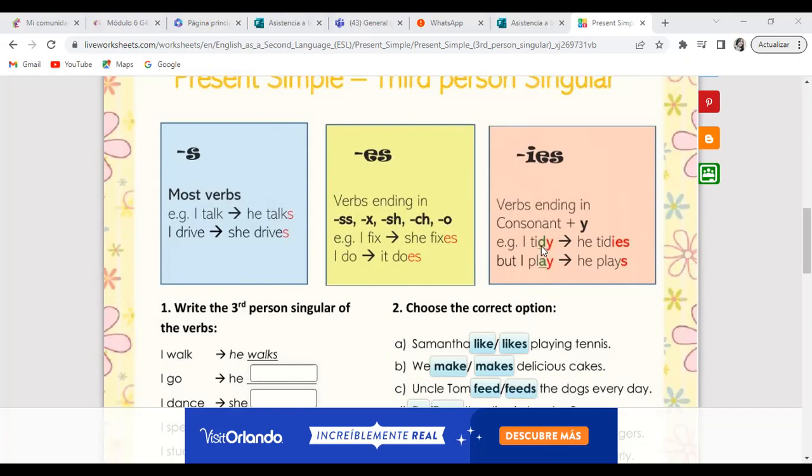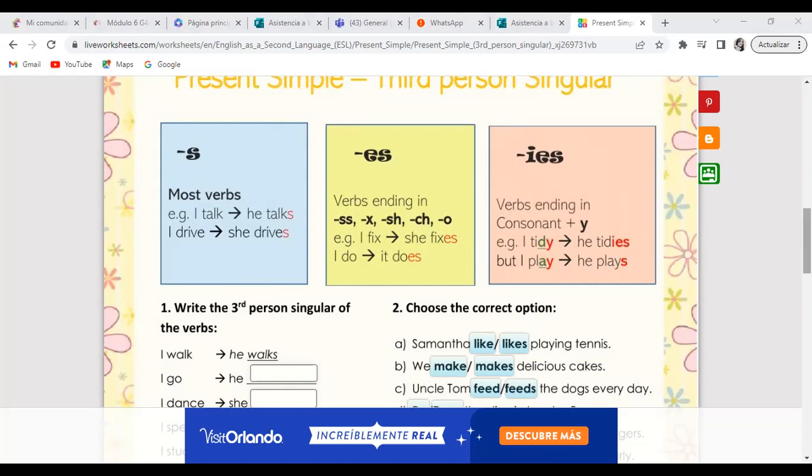When you conjugate tidy with he, she, or it, you change Y for I and you add ES. For example, he tidies. Play. But what happened to play? Play, as you can see, ends with Y, but before Y, there is a vowel. So in this case, you just have to write an S to the verb. And you say, he plays.